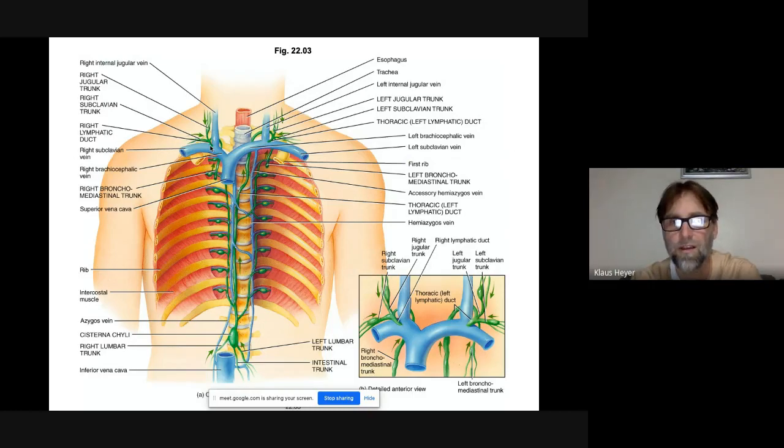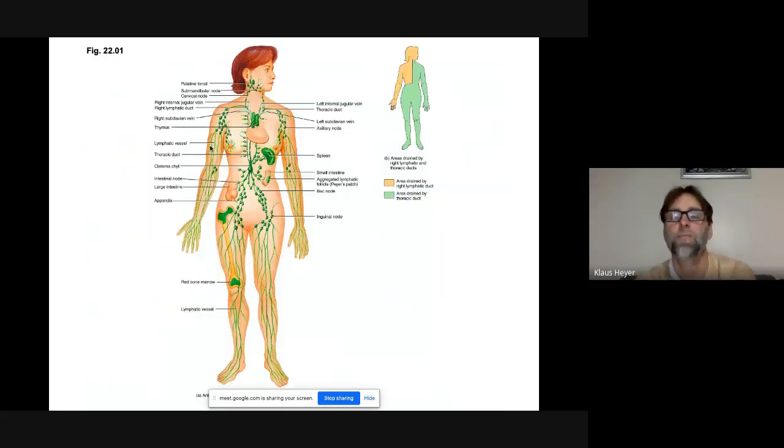You can see the left duct in green draining all of that. So the left duct is draining both the legs and the left arm. The right duct is ultimately draining the head, part of the neck, and the right arm.